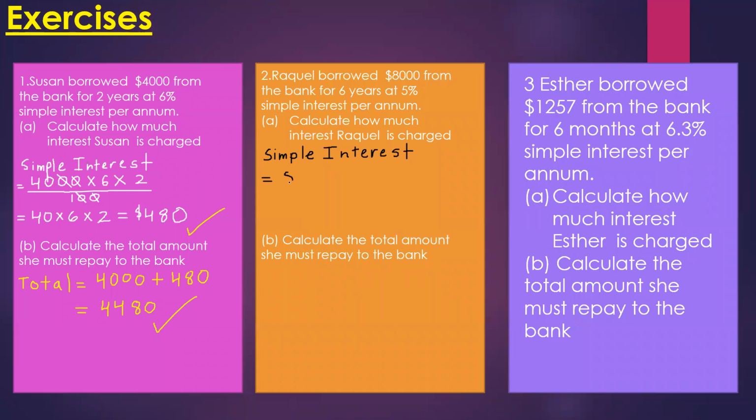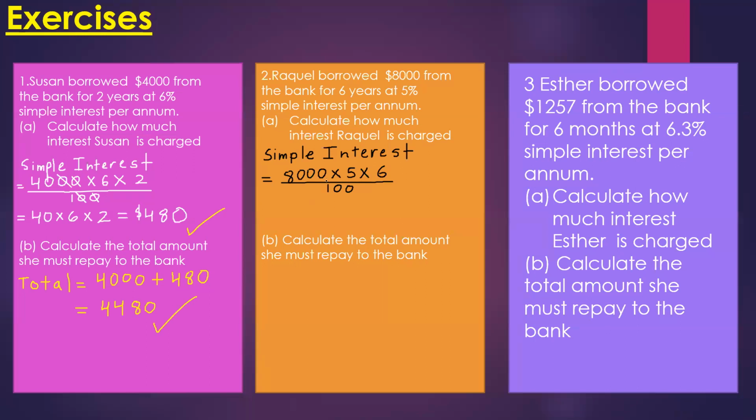So that's 8,000 times 5 times 6. Why 5? Because 5 is the interest rate, right? The rate, yes. Why 6? Because 6 is how many years. Very good.